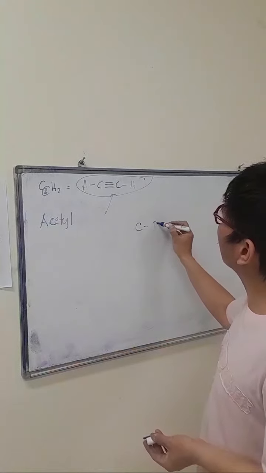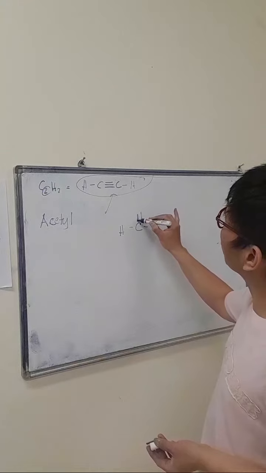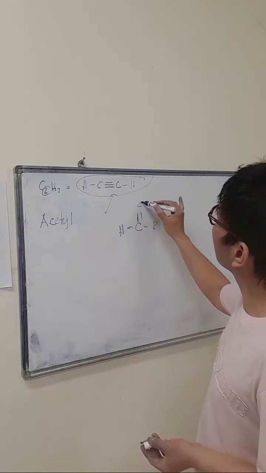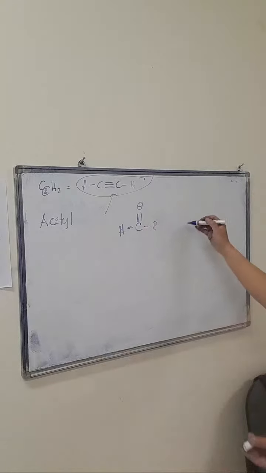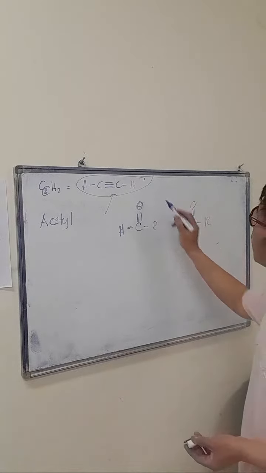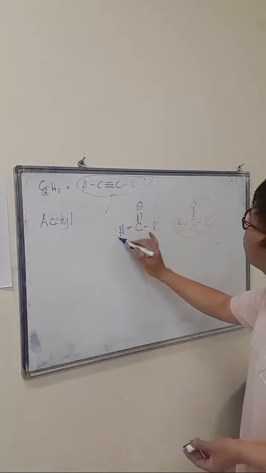This is the R, and this is the H. And this is an aldehyde group. And we have the ketone group, double bond oxygen. So this is the ketone group, and this is an aldehyde group.